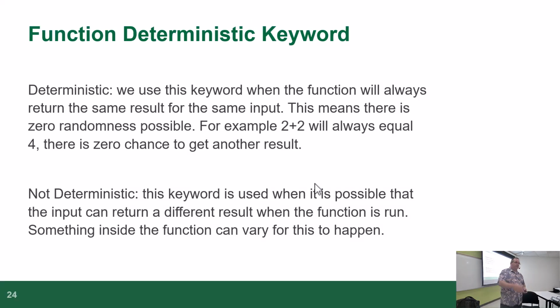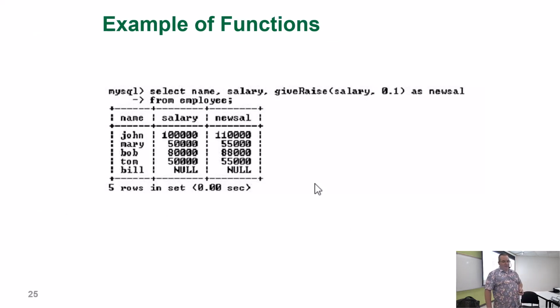So there's the explanation of deterministic. I already explained it, so I'm going to skip the slide. So here's an example. Select name, comma salary, give raise, the salary column times 10% from employees, and you'd suddenly have a whatever. Now, if there's a null and it multiplies it, so what happens if you go null times 1?